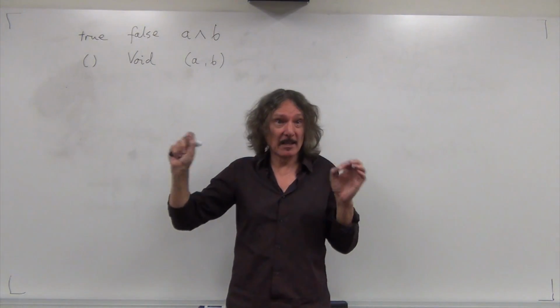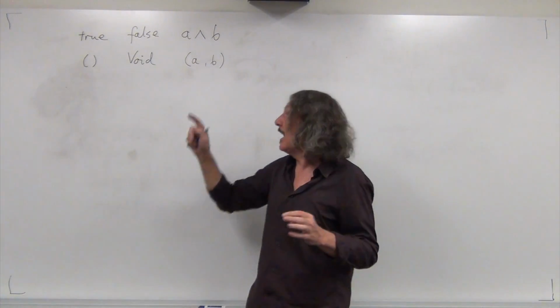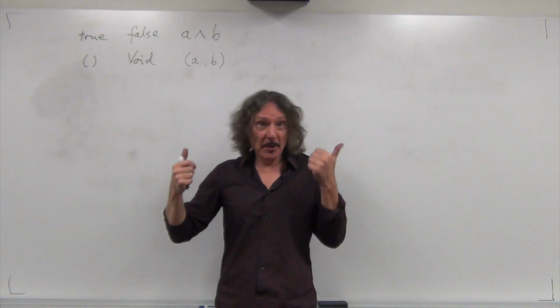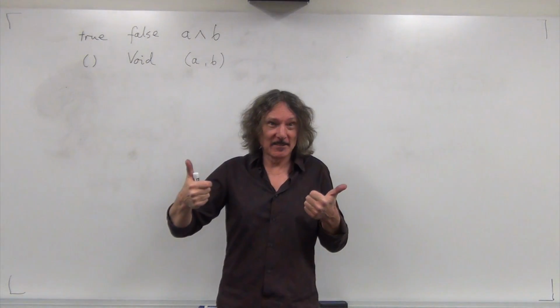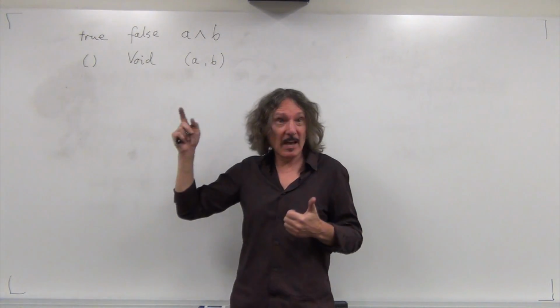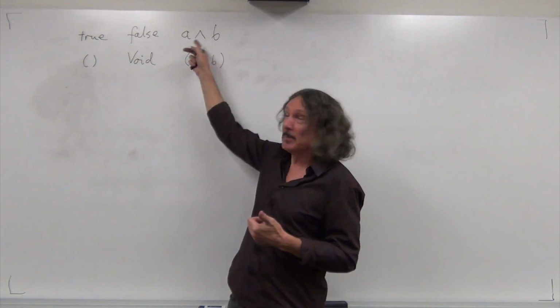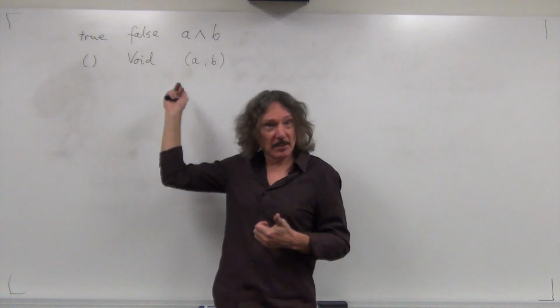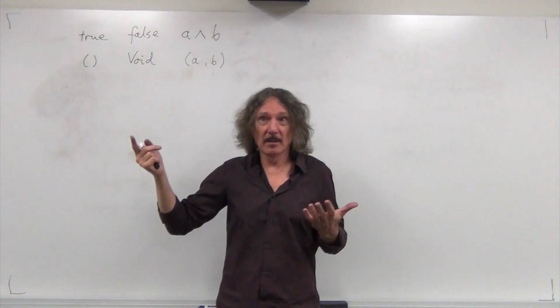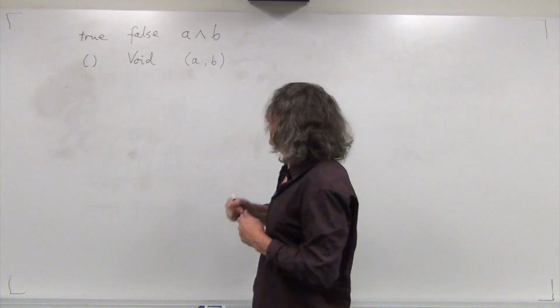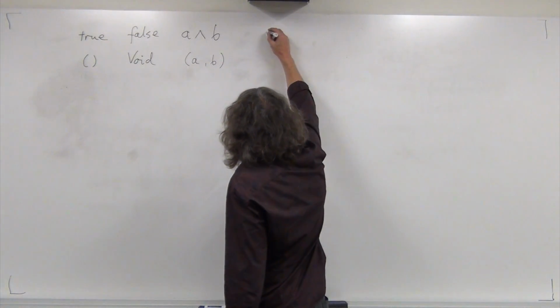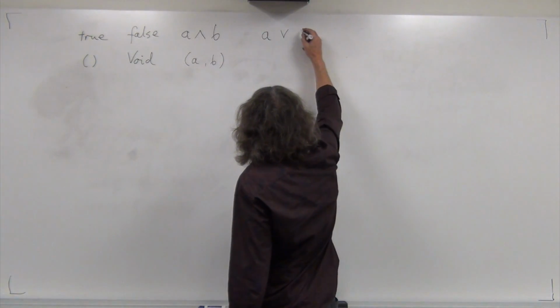Right? I need both elements. And conjunction is the same. Both A and B have to be inhabited for me to form a pair. Both A and B have to be true in order for the conjunction to be true, right? And then it goes on and on, right? A or B.